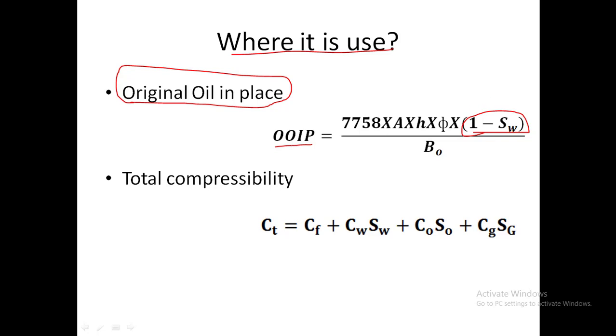So here 1 minus SW will give you oil saturation. That is divided by Bo to get the value at surface condition. The other use is total compressibility. To calculate total compressibility, Cf is formation compressibility, then water compressibility along with water saturation. So here you can see that saturation has been used in calculating total compressibility.